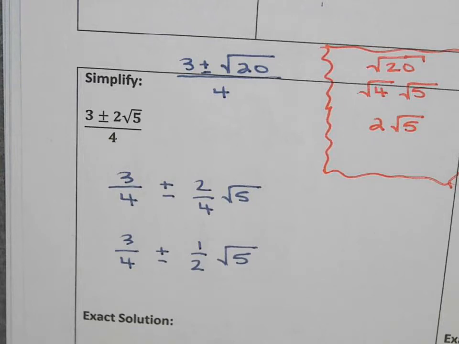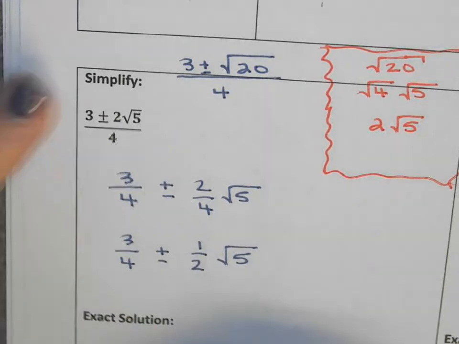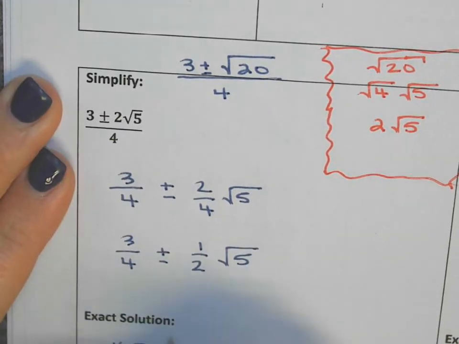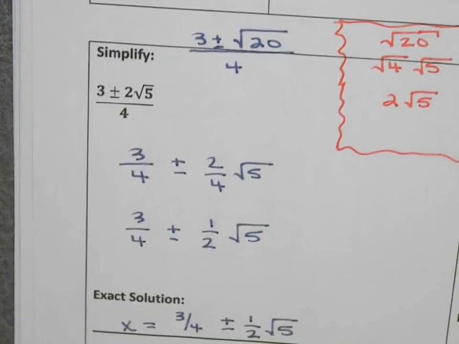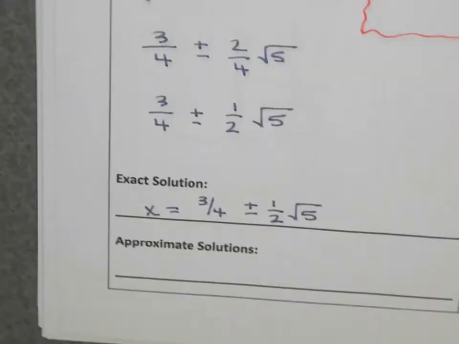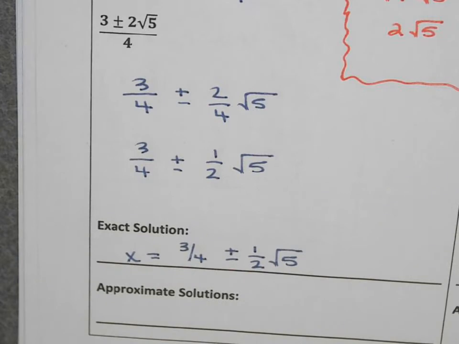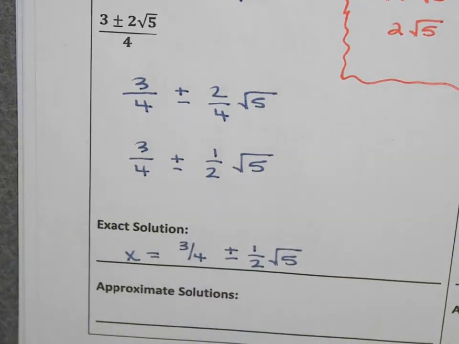Okay. Now in this case, that is your exact solution. So I'm going to write x equals 3/4 plus or minus 1/2 square root of 5. How many solutions do I have? 2. I have 2. The plus or minus are the 2 different solutions. That's how I have to write it exact.